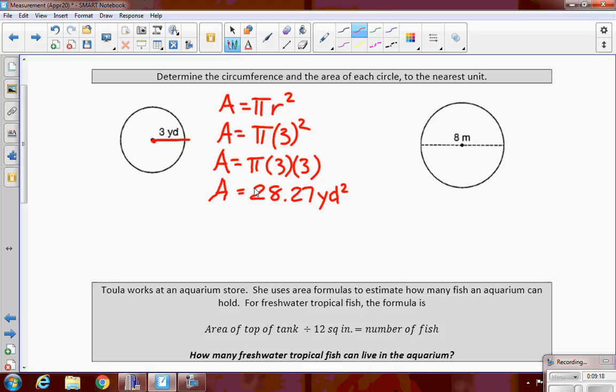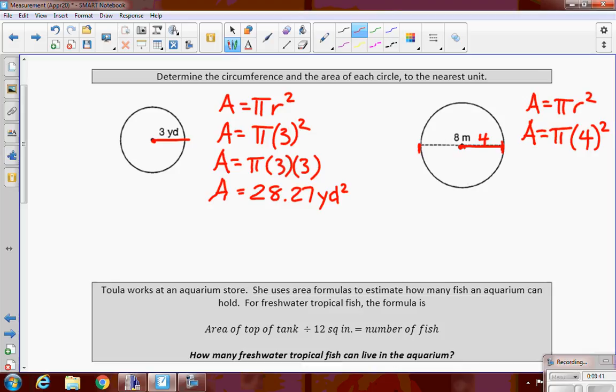Likewise, if we look at the area of the second circle, this one's saying that all the way across this circle, from edge to edge, is 8, and the area formula is pi r squared. I need the radius, so I need to know that the radius is only half of that distance. My radius is going to be 4. So I'm going to have area is pi times 4 squared.